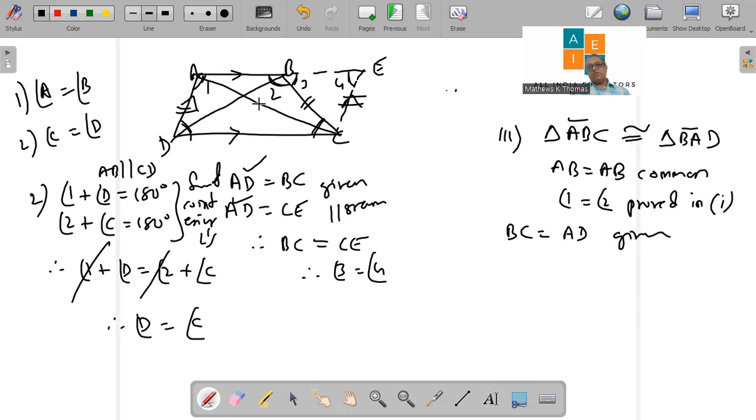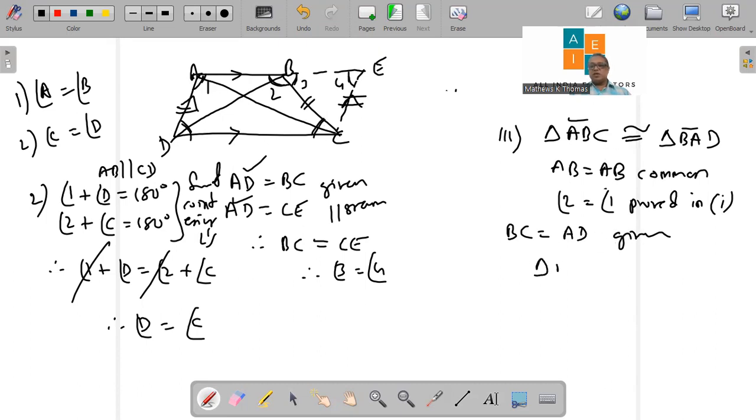So we have 3 conditions with us. Let's take this 2 and 1 because in triangle ABC we have marked as 2. So AB is common for triangle ABC and triangle BAD. Angle 2 and 1 are equal, that we have already proved in the first part. And BC is equal to AD, that's also given to us.